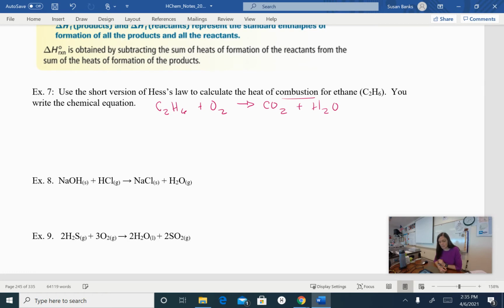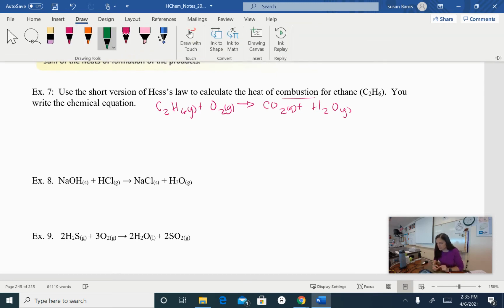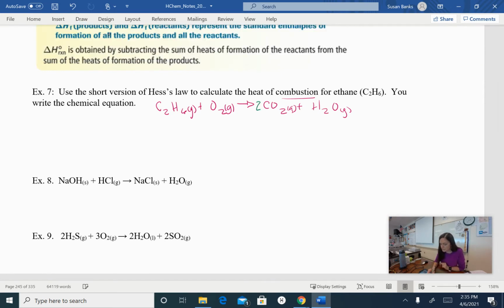Now, usually when we have combustion, we have water coming off in the gas phase, water vapor. So remember, we have to be really careful about some of the states of these. And this will also be a gas. Okay, so first things first, we're going to balance this equation. So 2 carbons, right? 6 hydrogens.